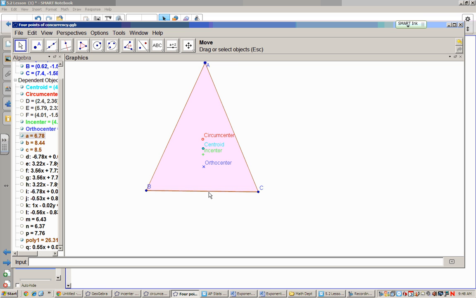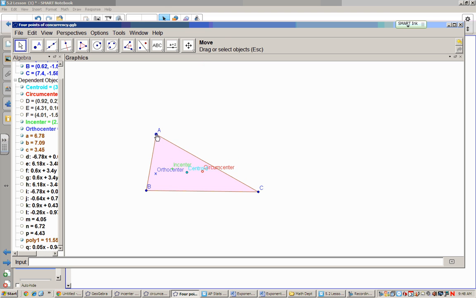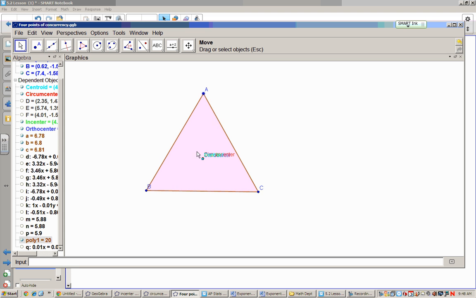They all line up right in a row. If I move it this way, they're going to line up again when this becomes isosceles, with these sides being equal. But if I wanted them to be on the same point, I just lower this until I have an equilateral triangle, and all 4 of my centers will be at the same point.